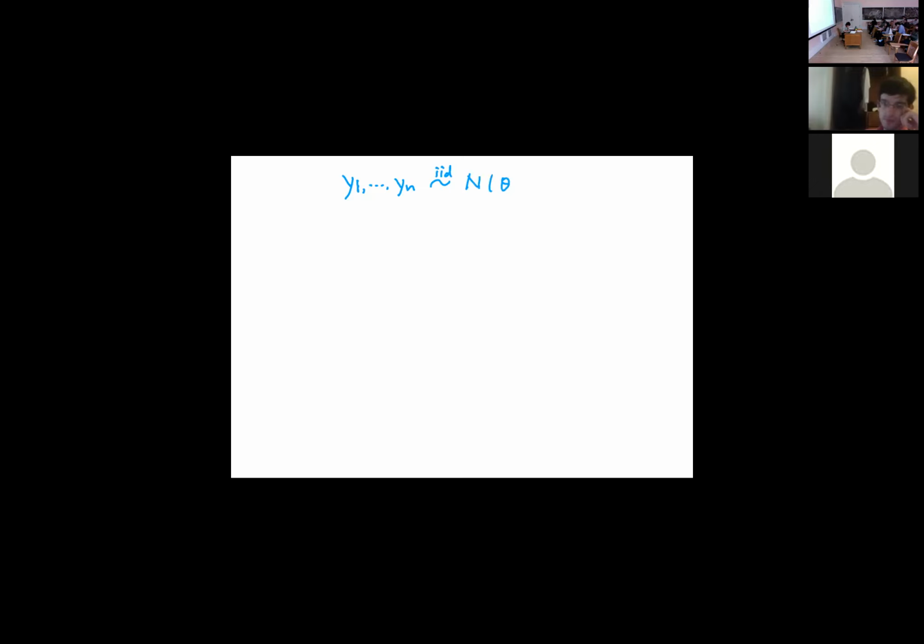We use theta and sigma square, with sigma square known. And then in the one parameter case, we put one extra layer over here. We assume the prior of theta is another normal with mu 0 and tau 0 square. Okay, so this is the setup.